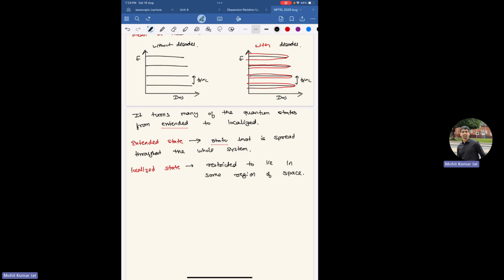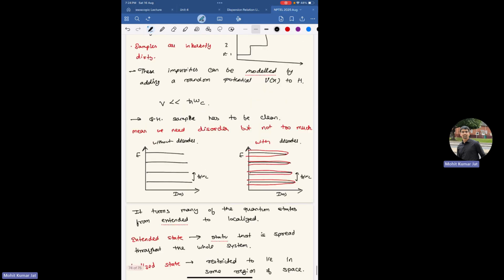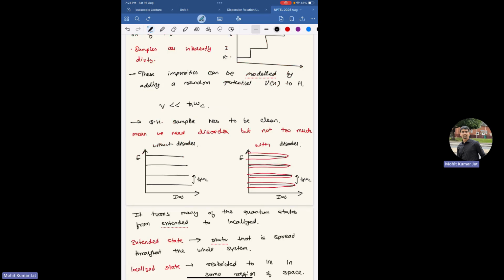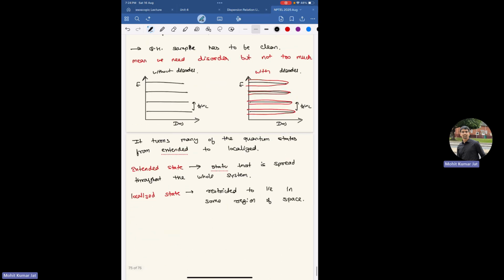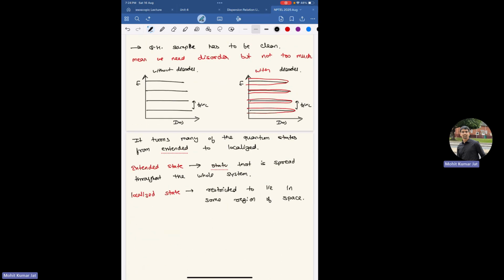We can easily see the existence of these localized states in a semi-classical picture, which holds if the potential, in addition to obeying this equation which I have written, V less than h bar omega c, varies appreciably only on distance scales much greater than the magnetic length.